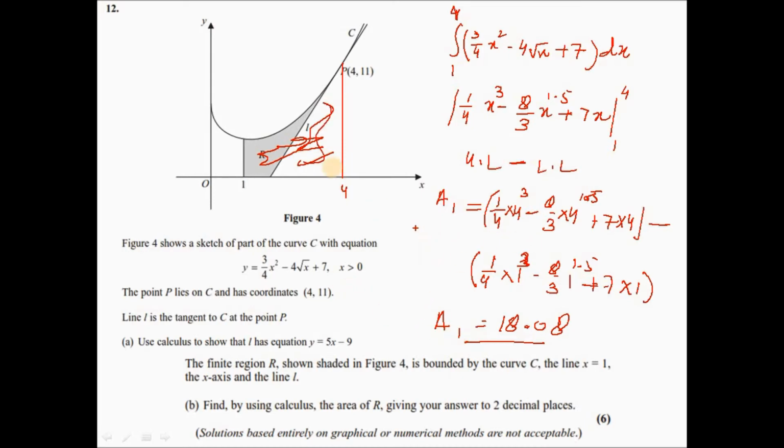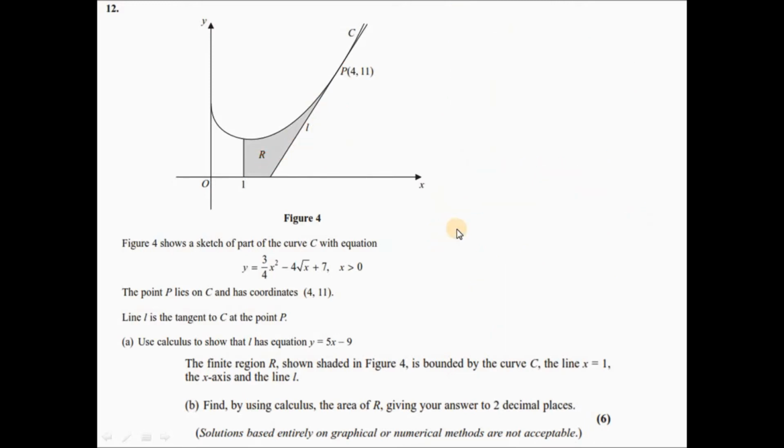Now it's time to figure out the area of this triangle, that means A2. Because we are talking about only the unshaded region, and this is a triangle, for the area of the triangle A2 we are going to use the normal method, half of base times height.